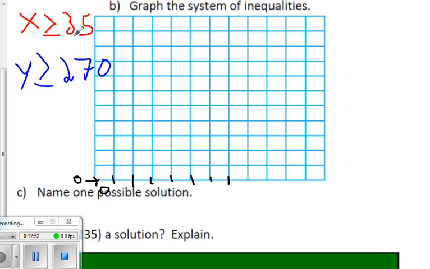Now according to our inequality, you can be exactly 35 years old. So I should just go straight up, solid line, because we have the or equal to. All of the people right here and above, this is the area and above, so we'd be shading to the right, where you can be as far as age to say that yes, you are eligible to be the president.